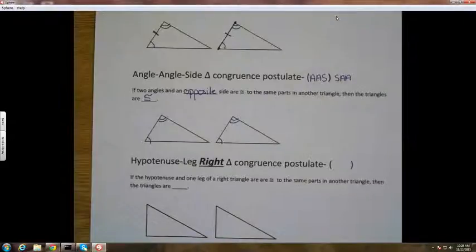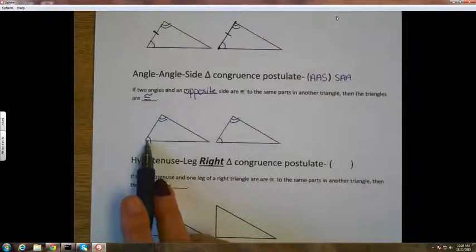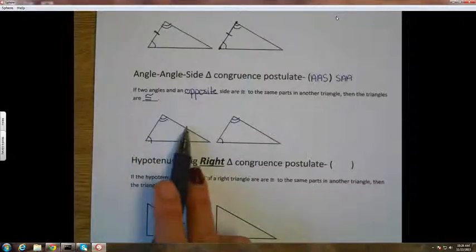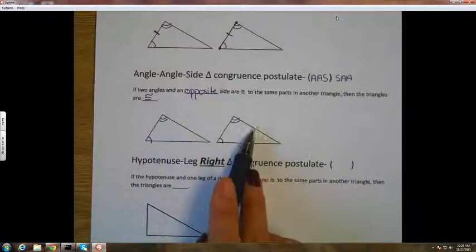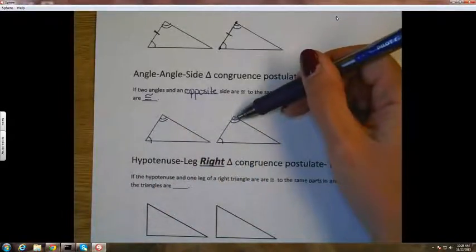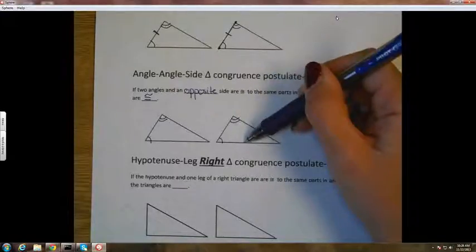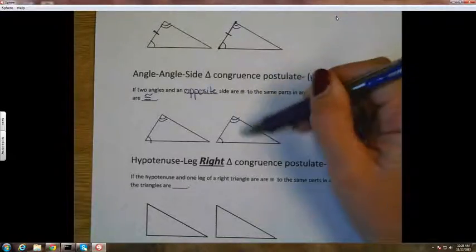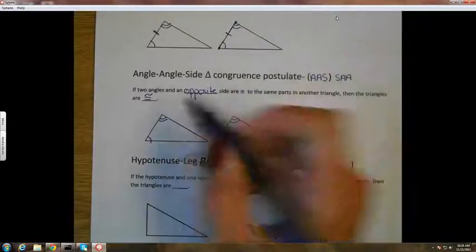Opposite means if I'm standing on this angle, what side is opposite from me? Opposite means across, it would be this side and this side. Or if I'm standing on the double angle, what's opposite from me there? From the bottom. So it can be either of these two sides. You have to be across from one of them. I'm going to pick the bottom one.